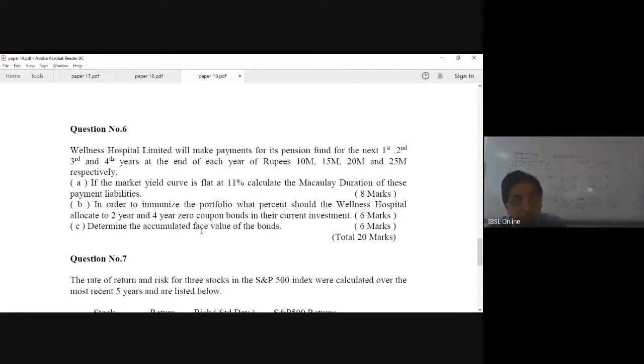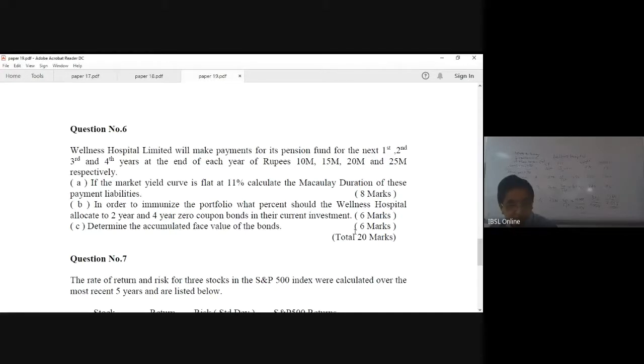Determine the accumulated face value of the bonds. So how are we going to do that? We have to get the face value of the bonds, the accumulated face value. So we are talking about the face value. How are we going to do it?